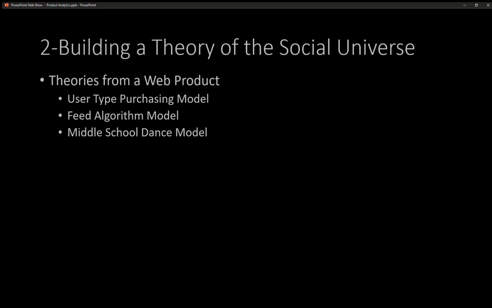Secondly, let's talk about the feed algorithm model. This is a web product where we have a feed page for each user, and there you have the social content such as photos and videos aggregated from other users of the website.